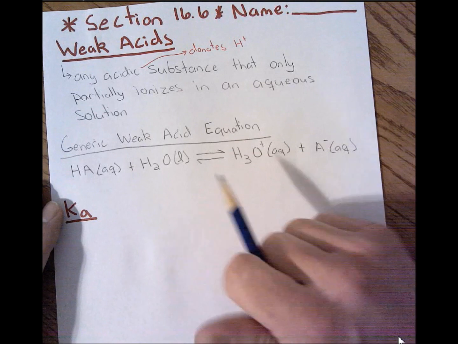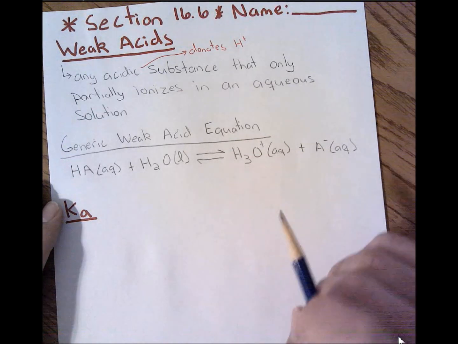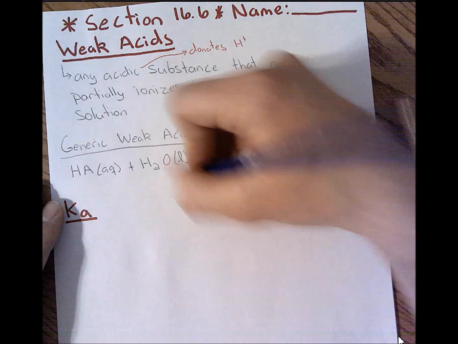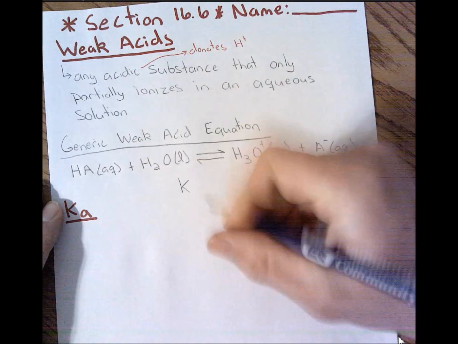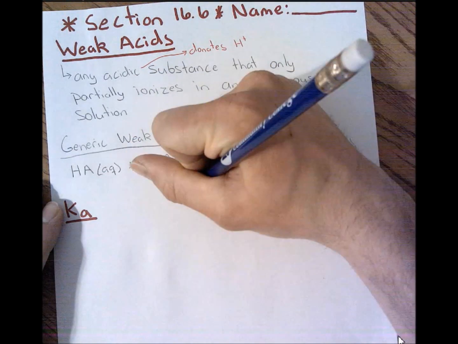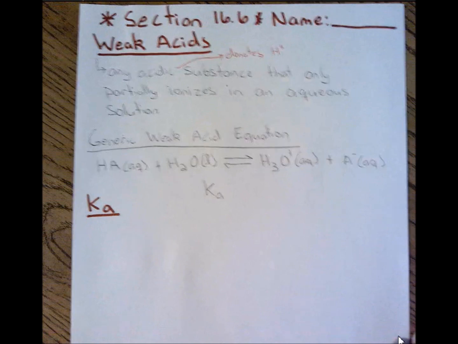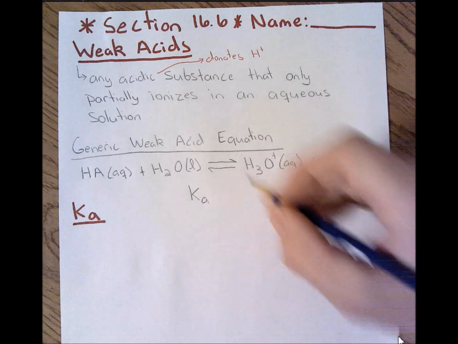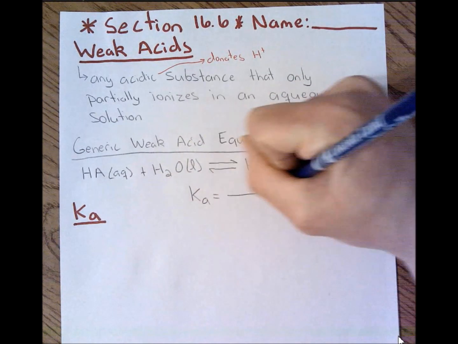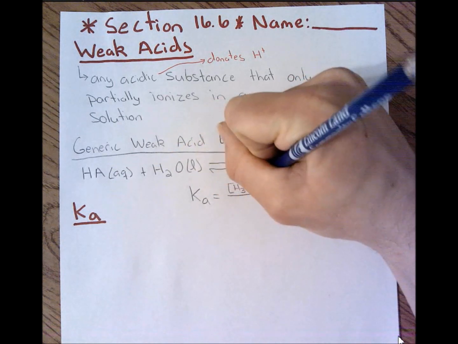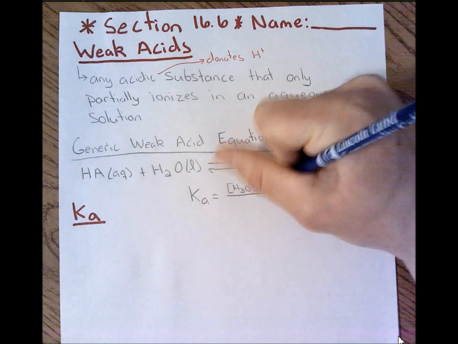Remember, the equilibrium constant expression is products over reactants. So we're going to say our K for our acid is going to be Ka, equal to our products, which is H3O plus times our conjugate base, all divided by just our weak acid.